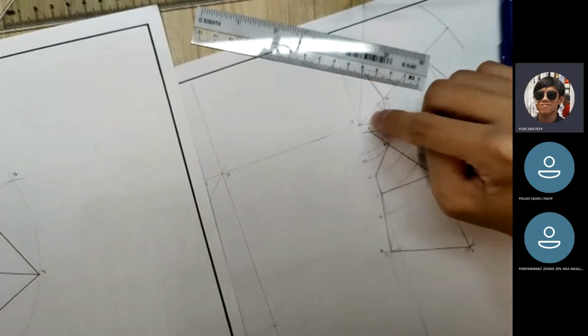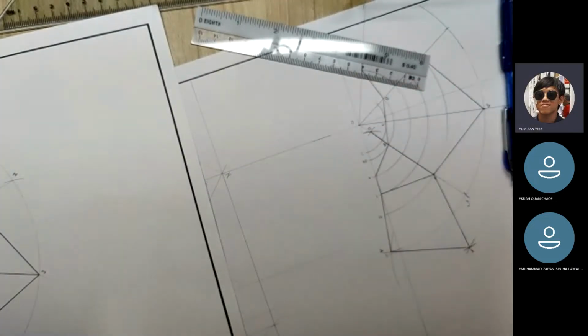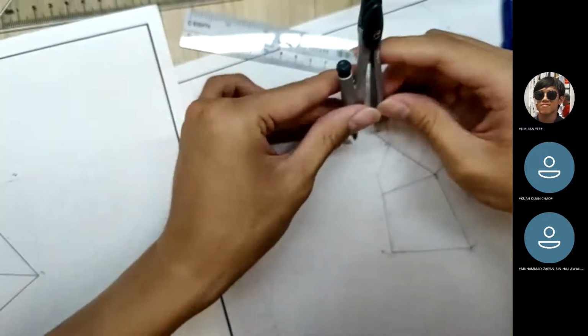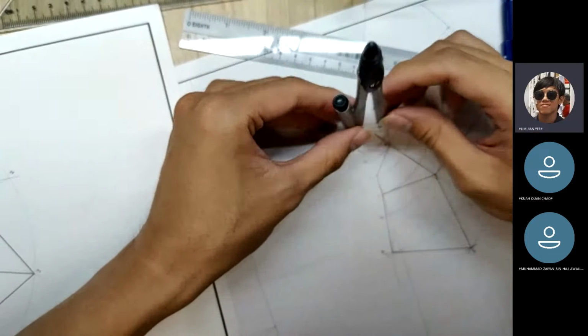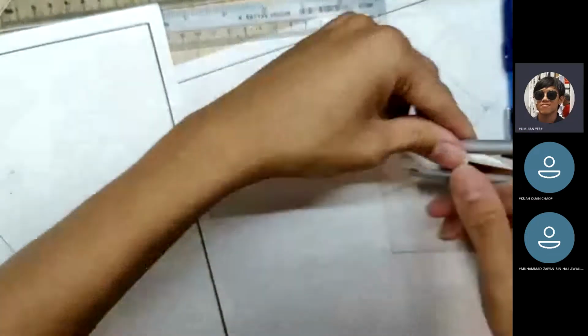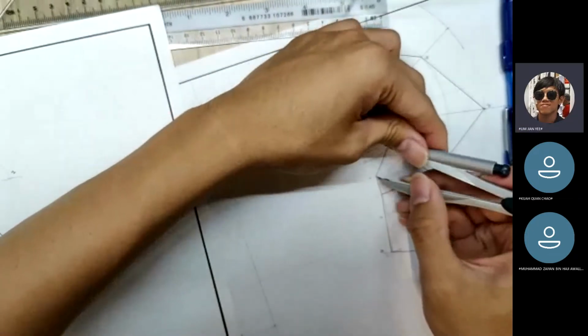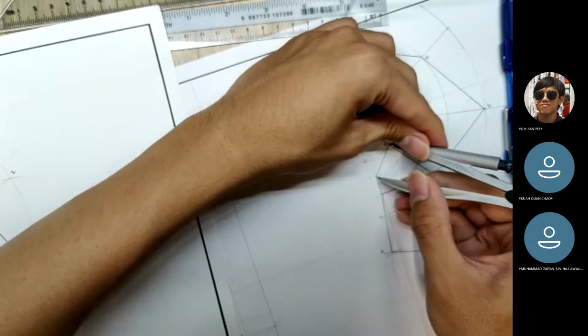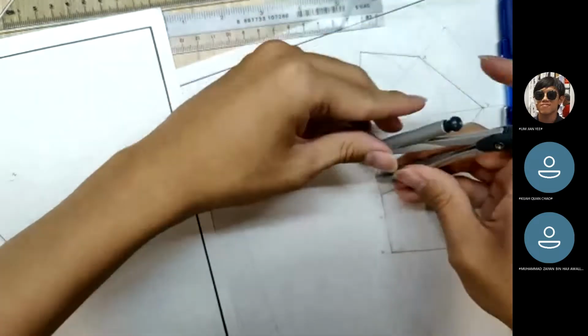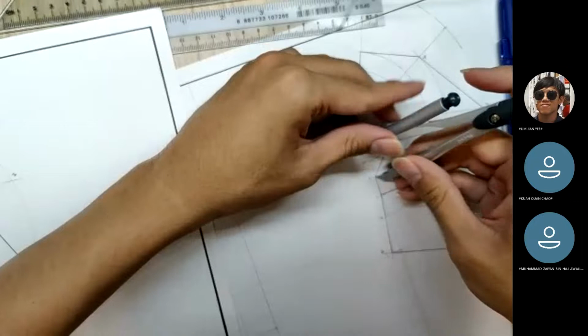Okay. So now same thing. BC. Same length. Keep drawing along. Then you take measure AB again. Okay, AB. Okay, mark.